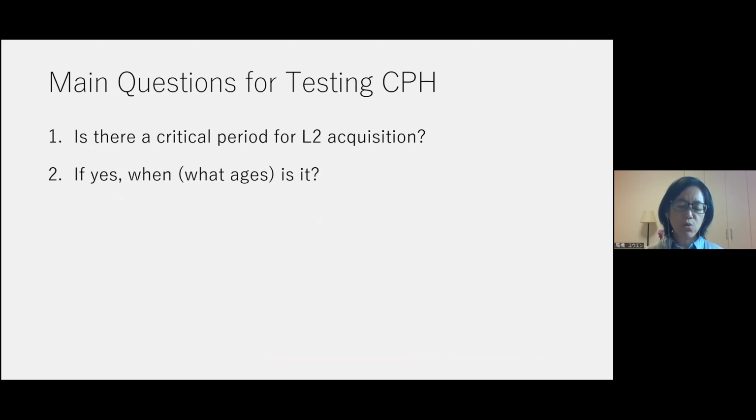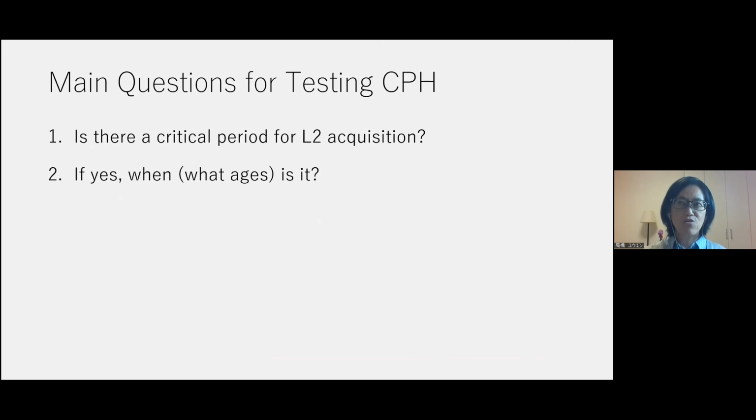So for people who try to test the critical period hypothesis, they usually concentrate on two main questions. One is, is there really a critical period for L2 acquisition? And if yes, at what age is this critical period?